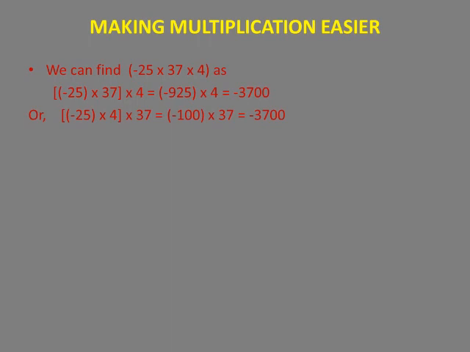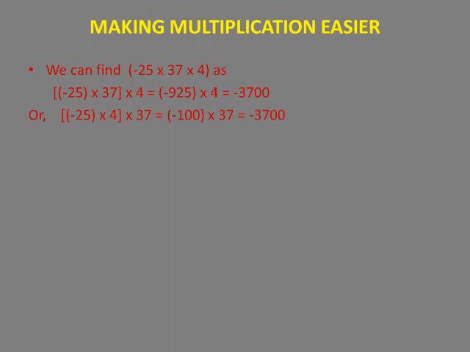Why? Because multiplying minus 25 into 4 gives 100, which is easy to multiply. That is why we said that we use property here to multiply, and the commutative and associative properties are used here to make the sum easier.